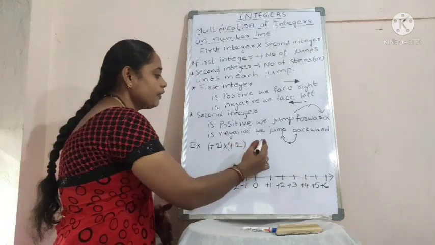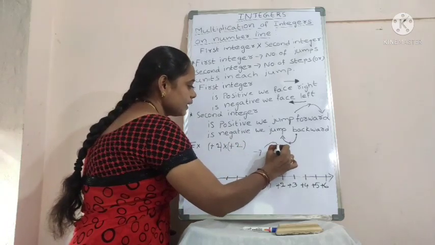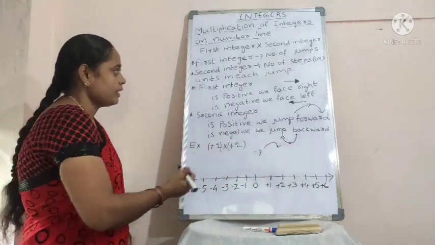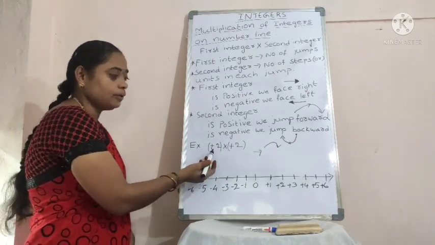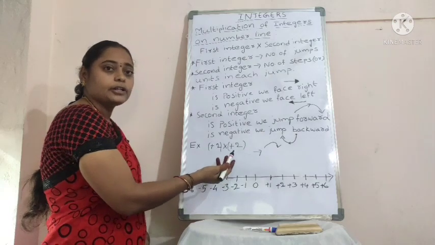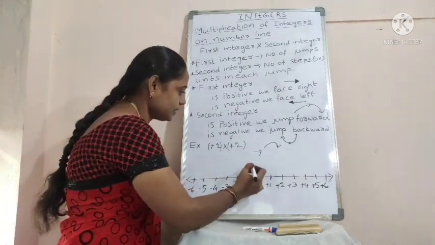We move forward or backward? Forward. That is, in this direction we jump. How many gems we take? 2 gems. How many units we jump? 2 units.